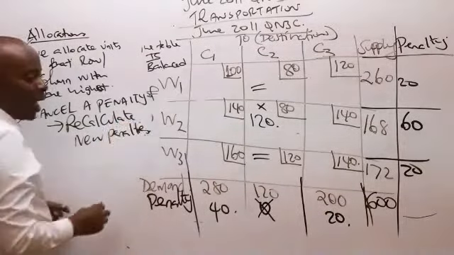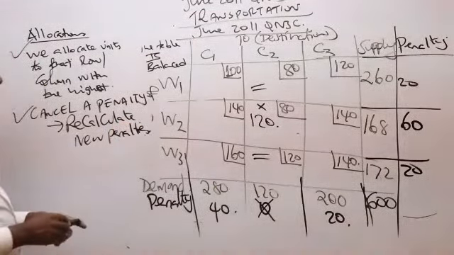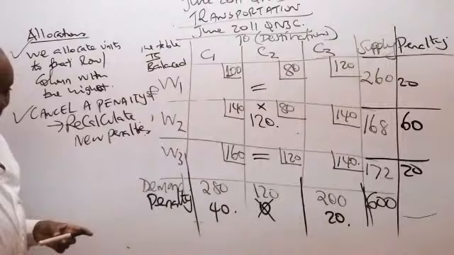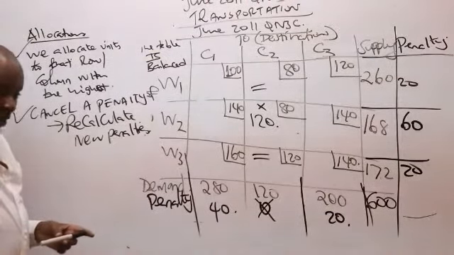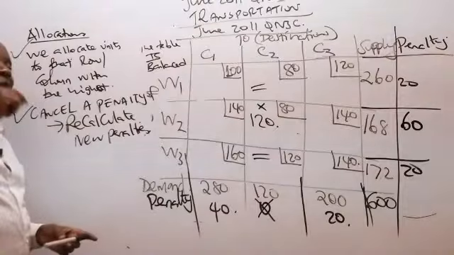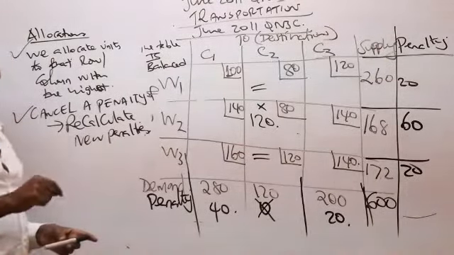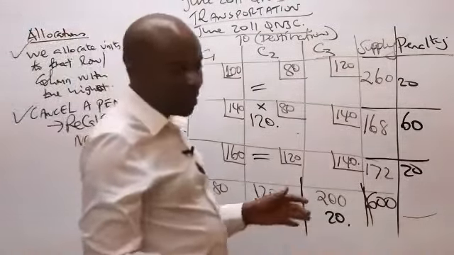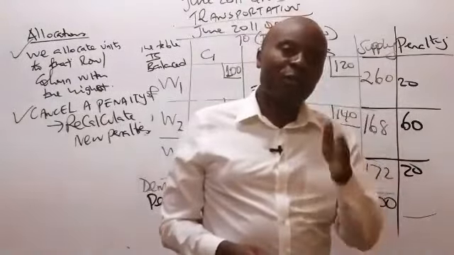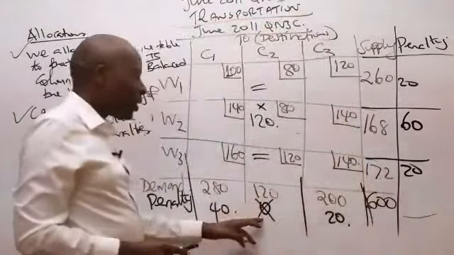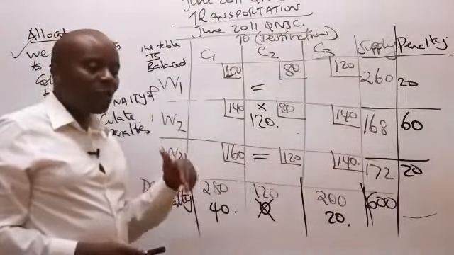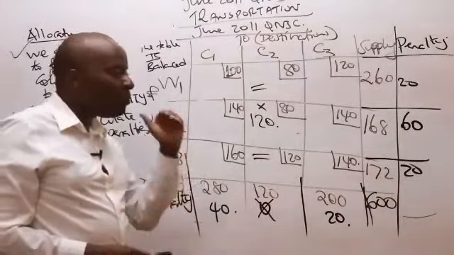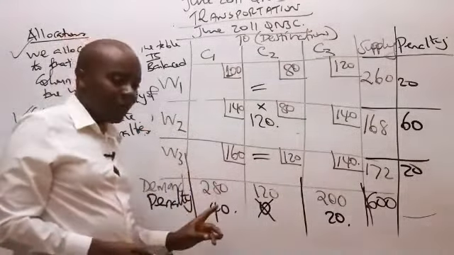Whenever you cancel a penalty, you recalculate new penalties for the entire table. This is like a chorus: whenever we cancel any penalty, we must recalculate new penalties afresh.